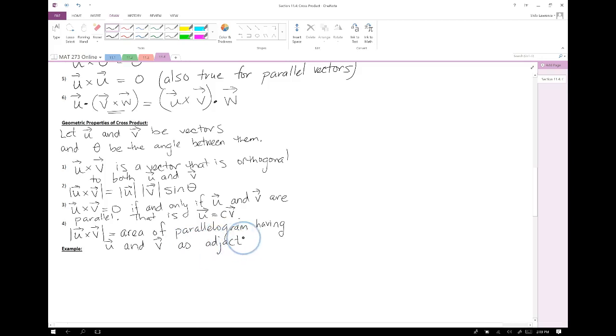If you remember back a few sections ago, when we were adding vectors, one way we learned to do that was through the polygon method, or the parallelogram method. If we were to take U and V and draw a parallelogram with them, we used that to find the sum. We said the sum was the diagonal, but that parallelogram we're drawing, we could easily find the area of that parallelogram by doing the magnitude of the cross product.